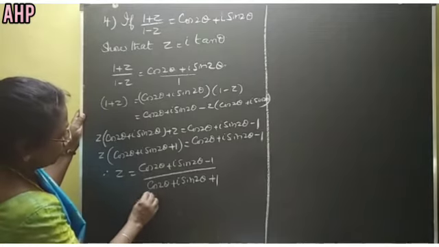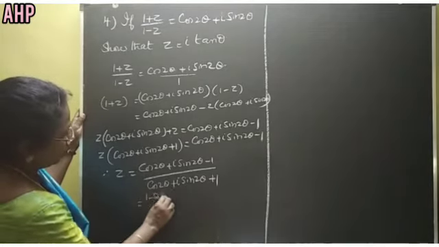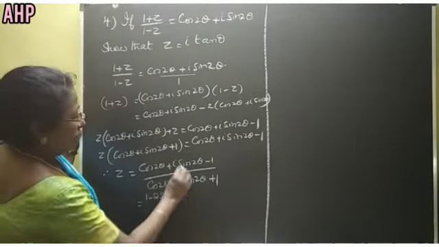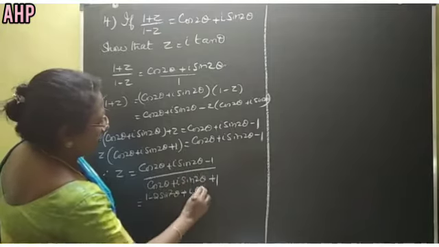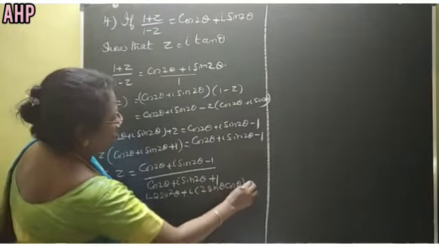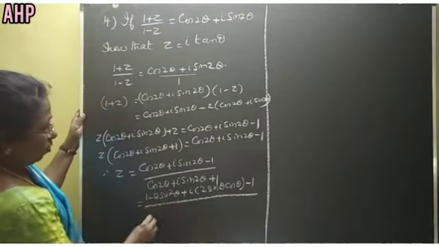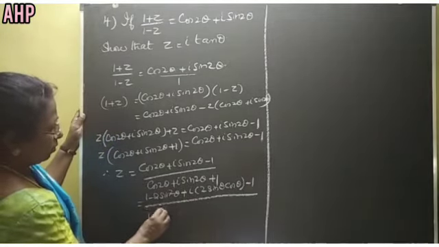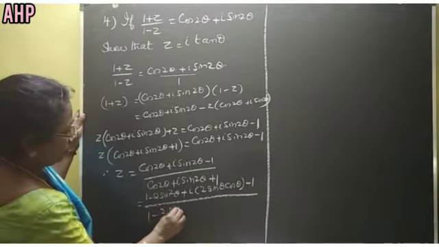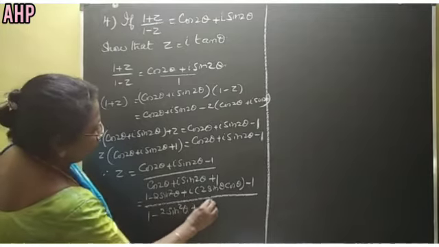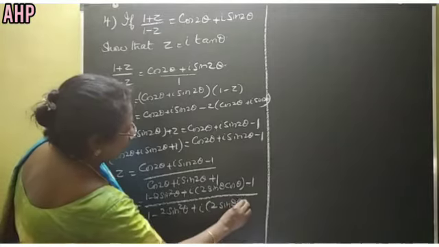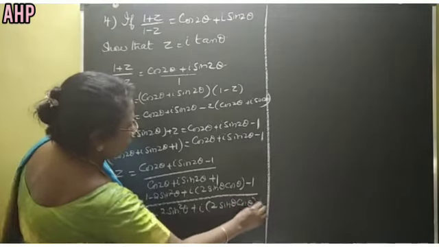We can write cos 2θ as 1 - 2 sin square θ, plus i into sin 2θ, which is 2 sin θ cos θ, minus 1, divided by 1 - 2 sin square θ plus i into 2 sin θ cos θ plus 1.